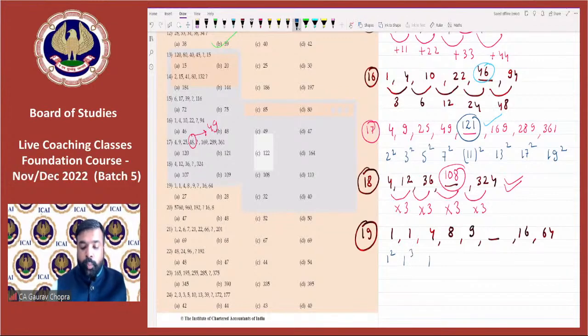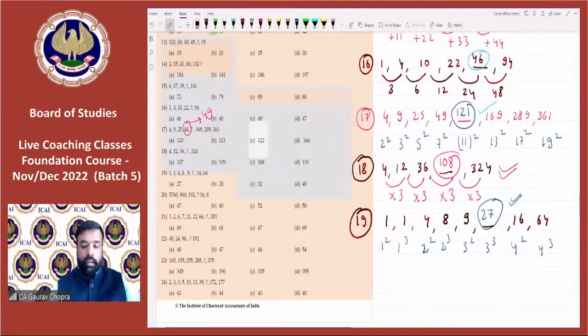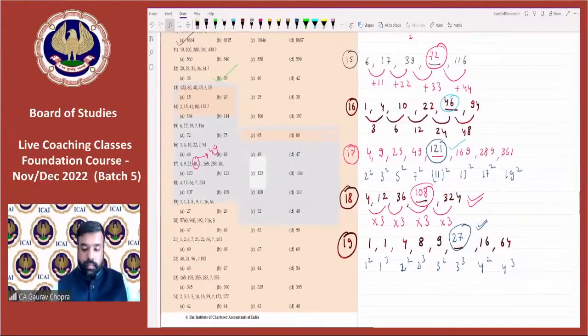It is 1 square, 1 cube; 2 square, 2 cube; 3 square, next number should be 3 cube. And 3 cube is how much? 27. Next is 4 square, 4 cube. So the correct answer will be 27. So this was question number 19.